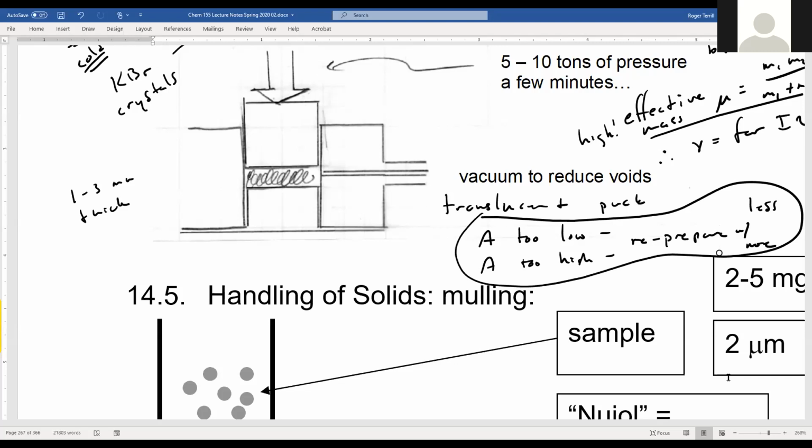And depending on the instrument, you can sometimes get a very good absorbance, which might be 0.005 or something, or it could be as high as maybe 2.5 if you've got a really strong source. But anyway, it's just a sampling method. It's worth a mention. It's worth talking about a little bit here.